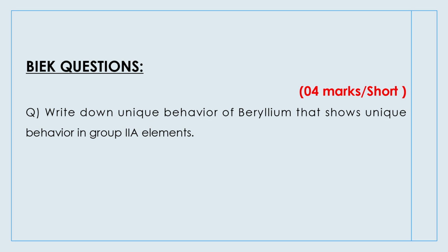First, you will tell what causes its unique behavior, that is the highest electronegativity and smallest atomic radii. And then you will report the unique behavior that includes its hard and rigid structure, its low density and high melting point, the formation of a protective oxide layer which gives its chemical stability, and the last one is the tendency to form covalent bonds.